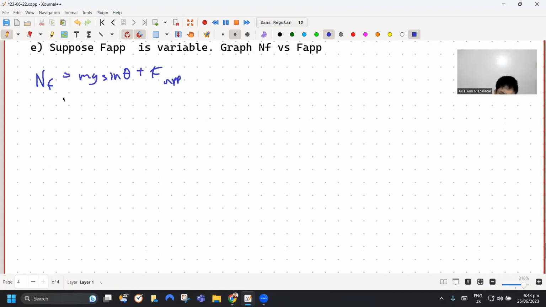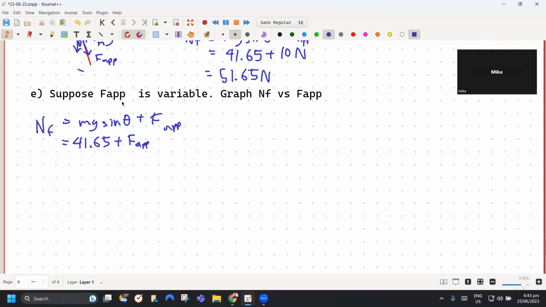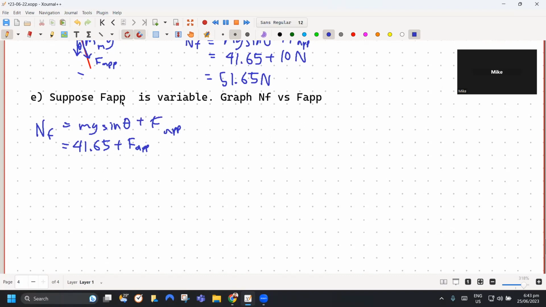So pag substituted, 8.5 times 65 plus F applied. Or 42 plus F applied, di ba? So ngayon, if you graph that, anong lalabas?